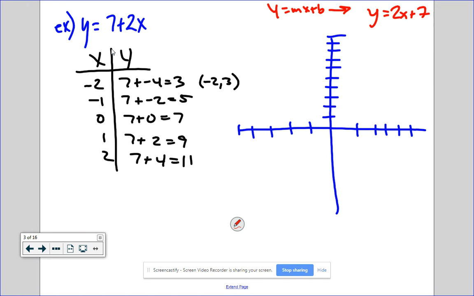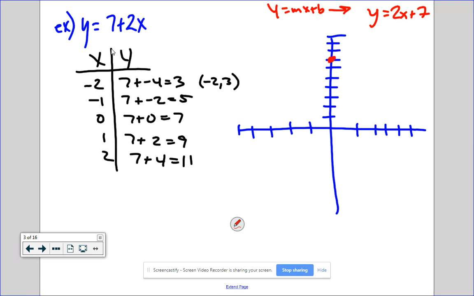So when we're using y equals mx plus b, what does the m stand for? Slope. What does the b stand for? Y-intercept. So when I'm graphing using y equals mx plus b, where do you start your graph? At the y-intercept. So I count up to 7: 1, 2, 3, 4, 5, 6, 7.